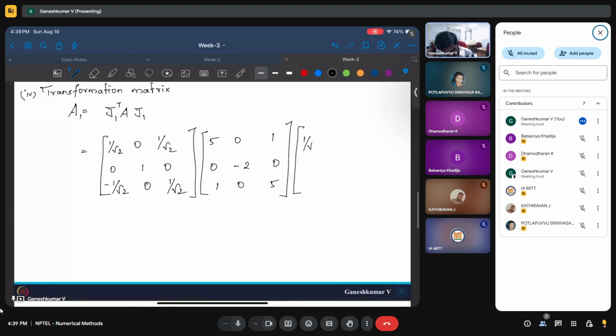This is going to be J transpose: 1 by root 2, 0, minus 1 by root 2; 0, 1, 0; 1 by root 2, 0, 1 by root 2.